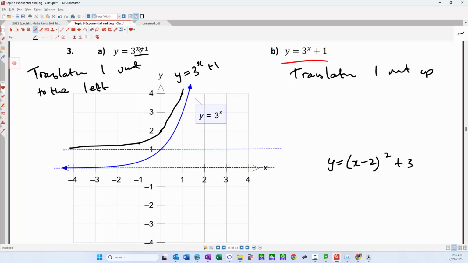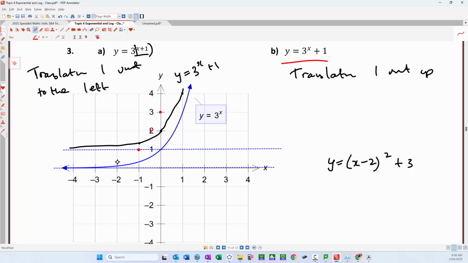So this is kind of the same as the parabola, where that is the thing that is moving, okay? So what that's going to do is move this blue graph 1 unit to the right. Okay, so this value here is going to go to here. This value here is going to go to roughly here. This one is going to go here.